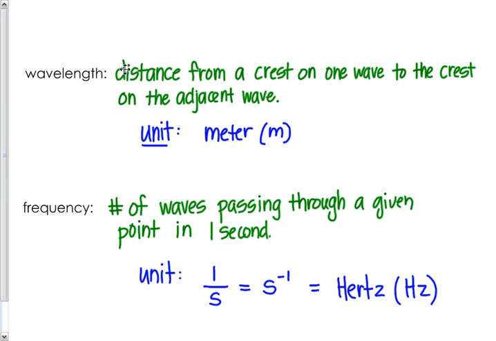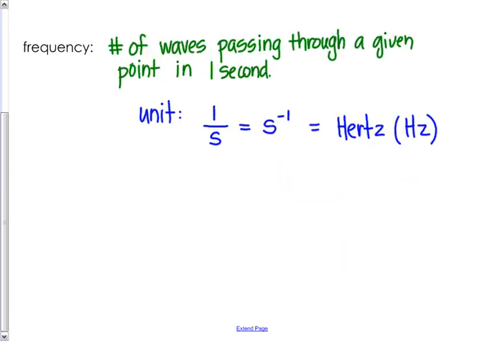Now, if you look at a radio dial, FM stations have frequencies of megahertz. So for example, K102 has a frequency of 102.1. That's where you would find it on your dial.